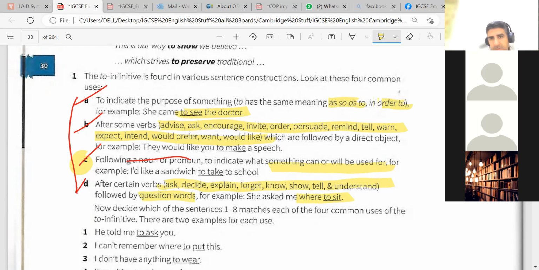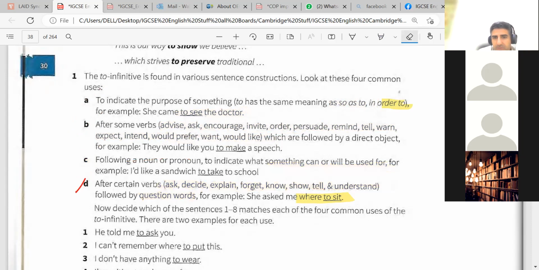So let me recap, guys. We can use the to infinitive for different reasons, for different purposes. The first one, to show the purpose of something. The next one, after certain verbs like I would like to.